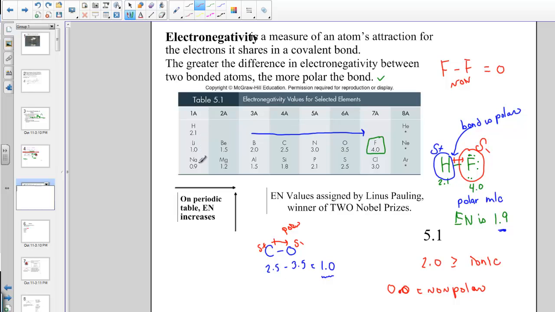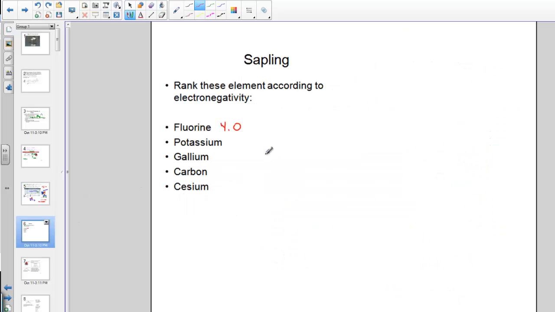Now potassium isn't even listed here. Notice that it's going down the first group, 1A. That periodic trend says H, then Li, then Na, and underneath that on our periodic table would be potassium. I would predict it to be smaller than 0.9, simply because the trend says as you go down a column, the numbers get smaller. And so even though it's not listed there, I know potassium is going to be smaller than 0.9.